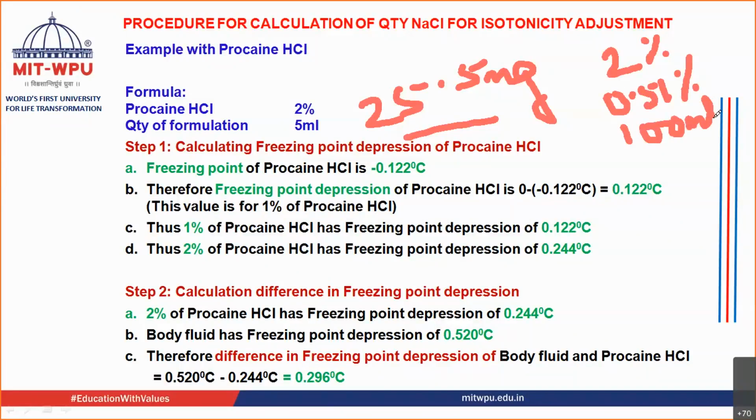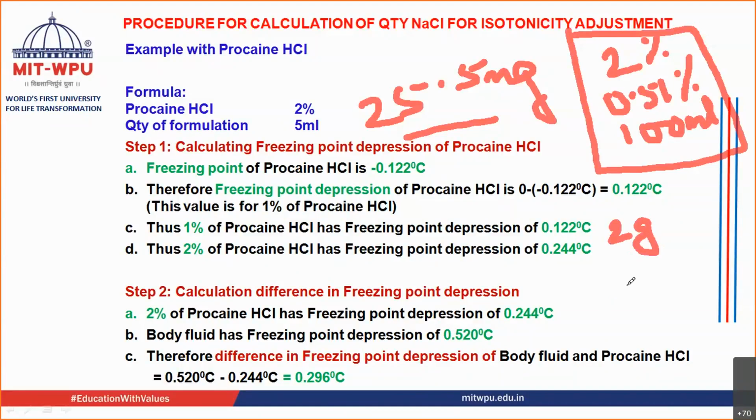Okay, so this is the formula. This is the way that I am going to write down the formula, or I can write down the formula as 2 gram of procaine hydrochloride. Okay, 2 gram is going to come in 100 ml.